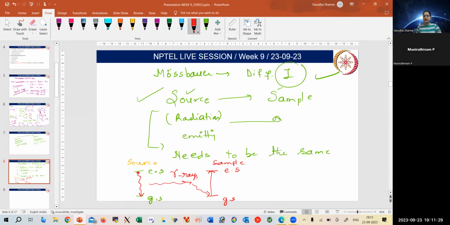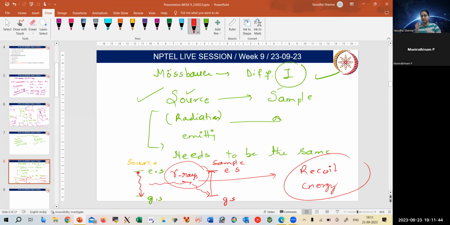But generally, because of these high-energy gamma rays, the emitted energy and the absorbed energy are not the same because of the recoil energy. We understood this concept last time: when we use a gun and shoot, because of the force we are giving, the bullet goes out, and some of the energy is converted to or lost as kinetic energy in the opposite direction.